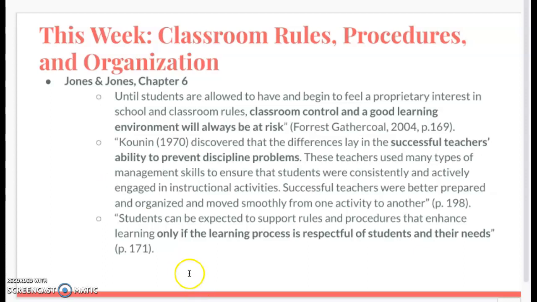And then a final thought for us to think about. Again, this echoes back to the Gathercole quote, but our authors write, "Students can be expected to support rules and procedures that enhance learning only if the learning process itself is respectful of students and their needs."